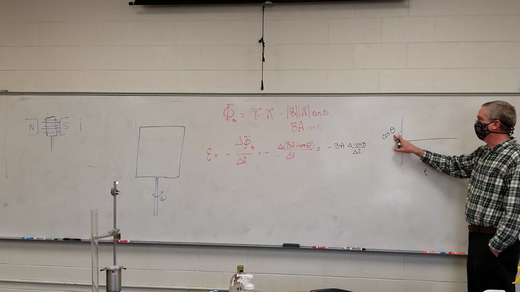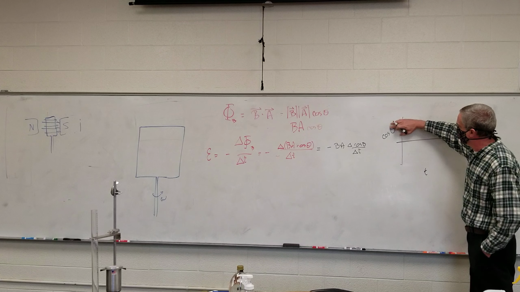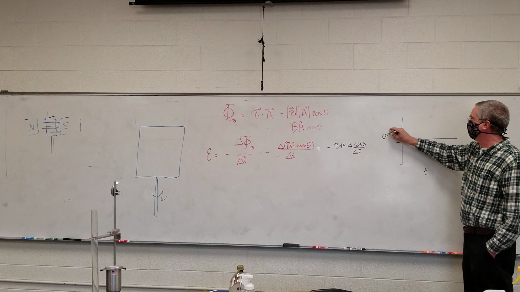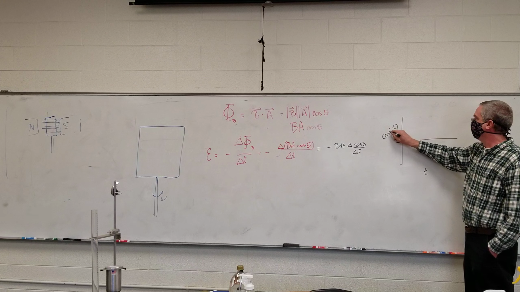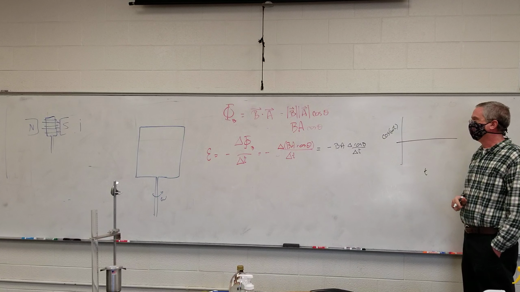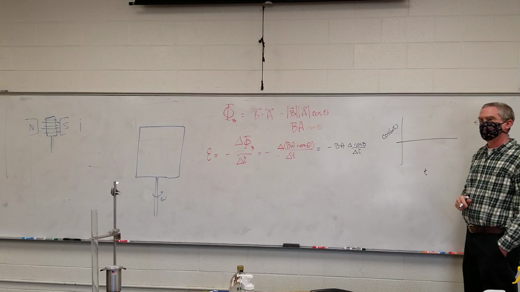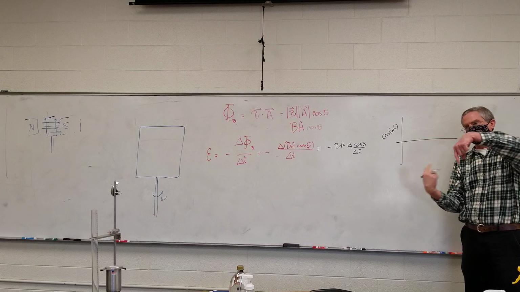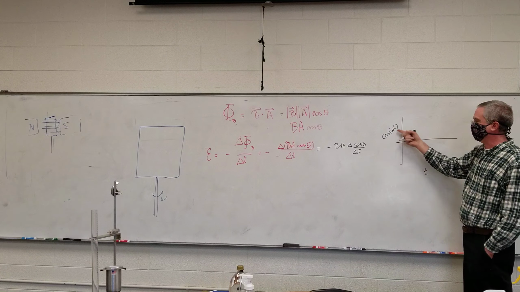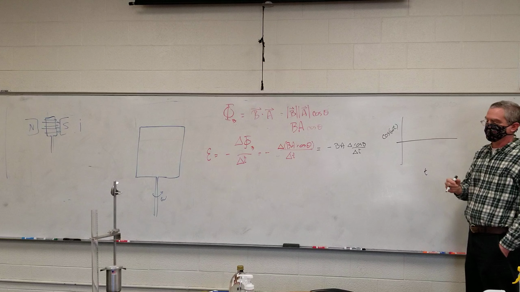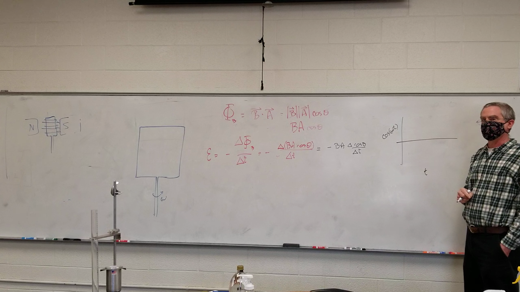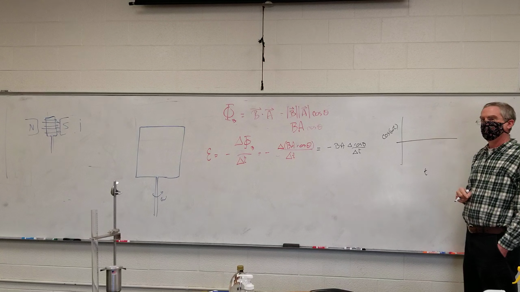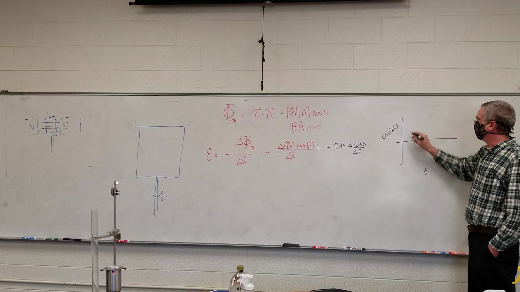We can take that theta and change it to omega t. Omega is the angular speed, and angular speed times time is angle. When time is 0, what's the cosine? 1. So we start here.